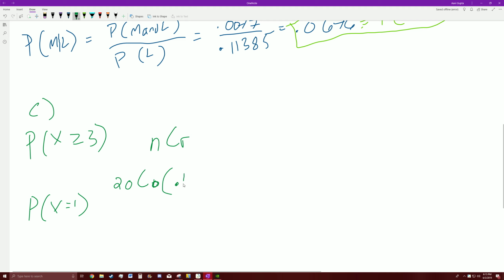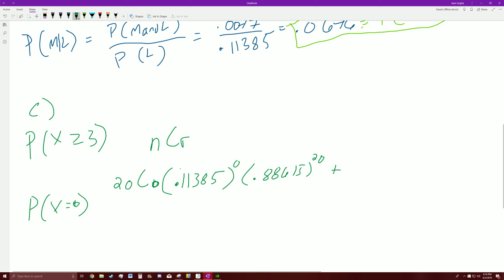Times 0.11385, the probability that it is left-handed, to the 0 power. And then the probability of failure, the probability that it is not left-handed, is 0.88615 to the 20th power. So now again, this is for n choose r if X was equal to 0. But we need greater than or equal to 3.